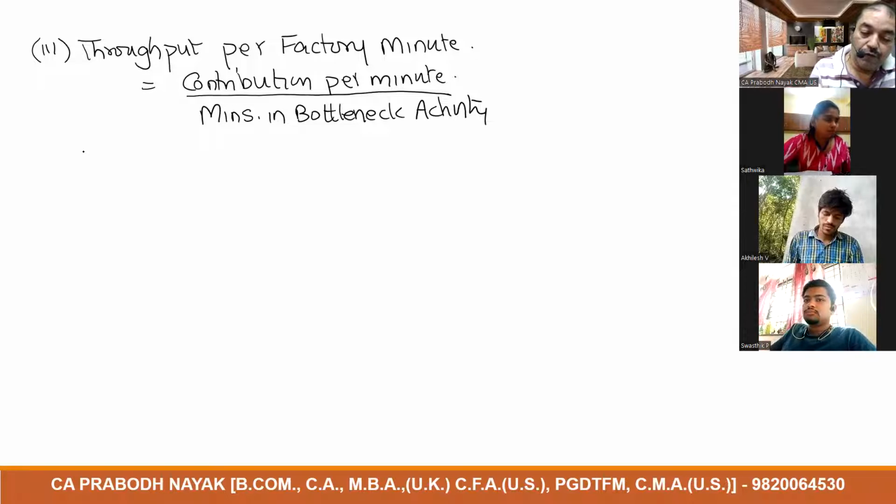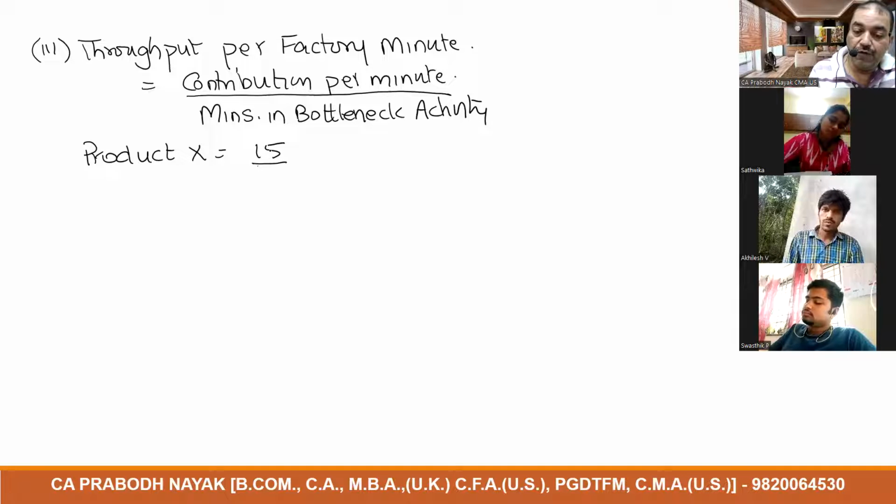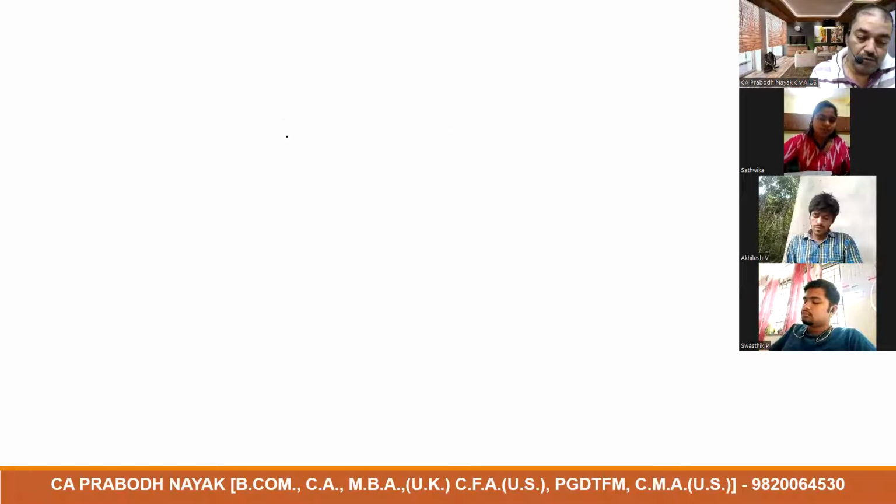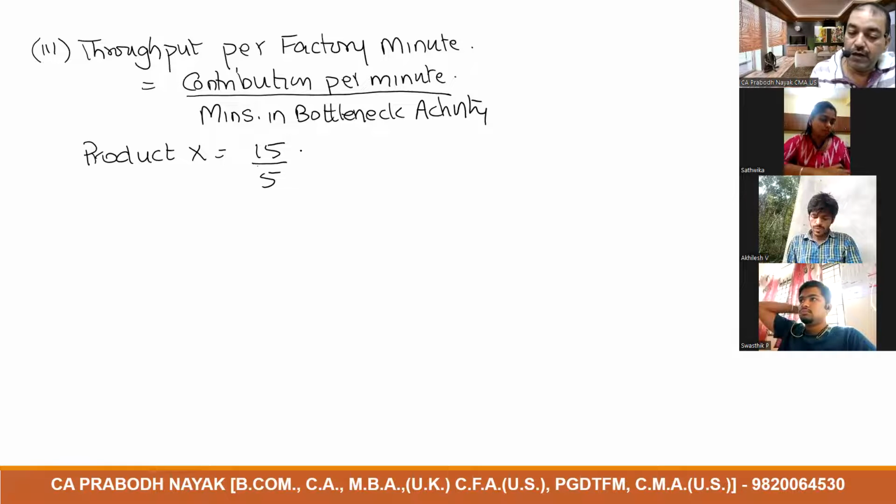Okay, for product X now, contribution we have calculated 35 minus 20 was 15. 15 divided by it is spending 5 minutes per unit in the bottleneck activity.